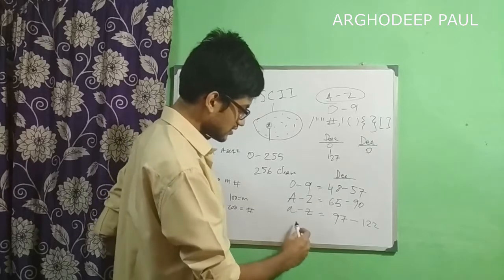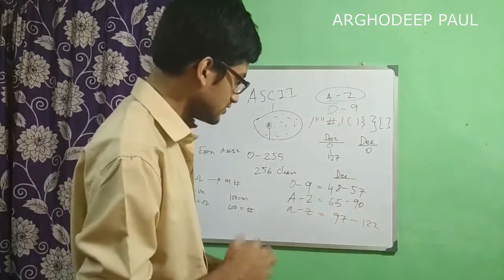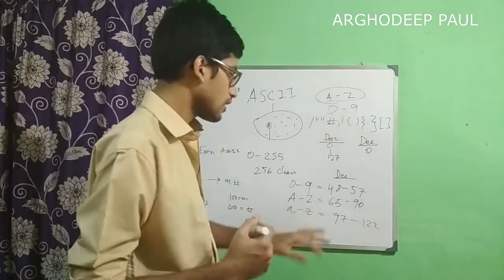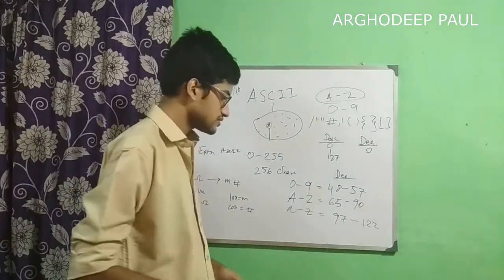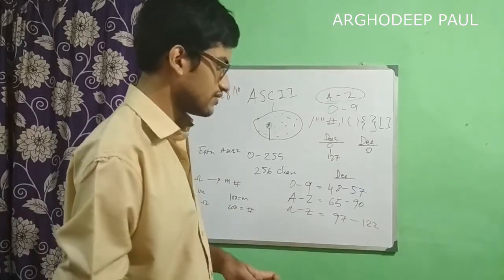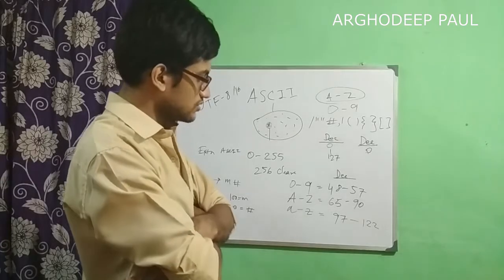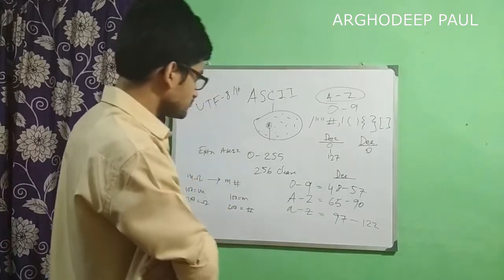There are also special characters that have their own values, but most of the time you will be working with the decimal number system numbers and the capital or small a to z alphabet letters. So these are the corresponding decimal values for these characters.